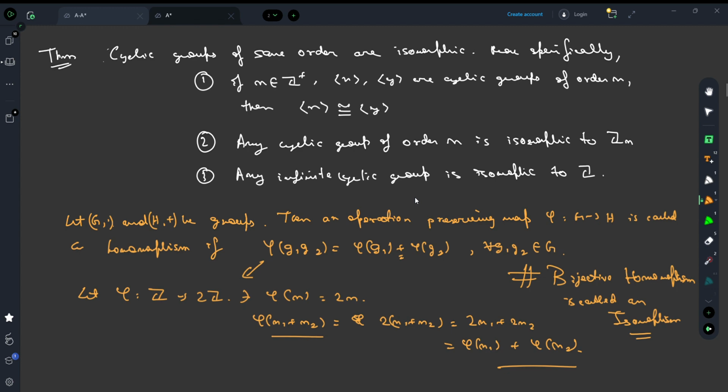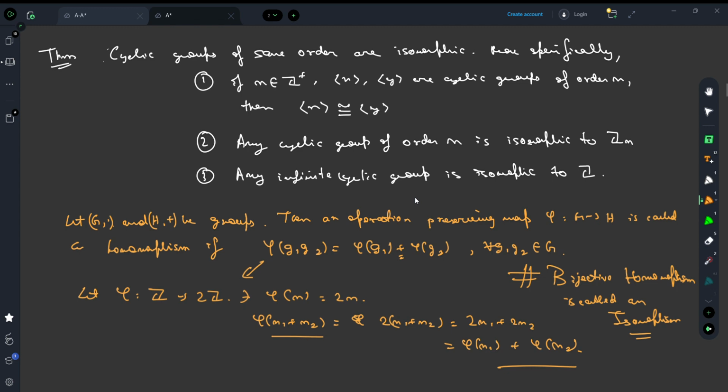The important aspect about groups which are isomorphic to each other, that is, there exists an isomorphism between them, is that their group structure is the same. Their group structure is identical. The elements may be different. The groups, as sets, may be different, but the structure of the group is identical. The composition is somewhat similar. The elements behave in a similar way.